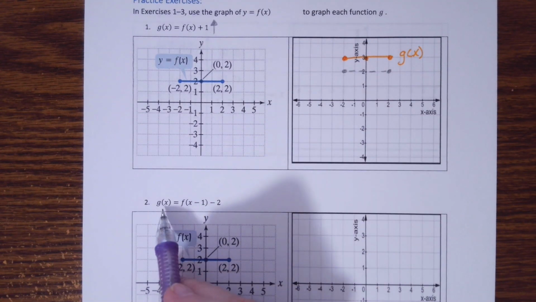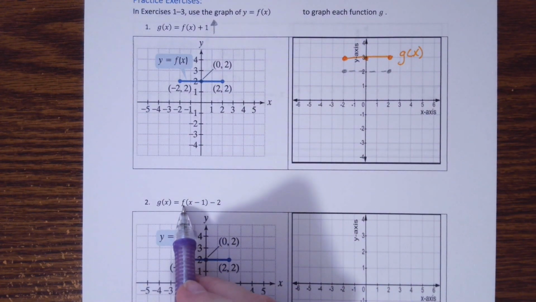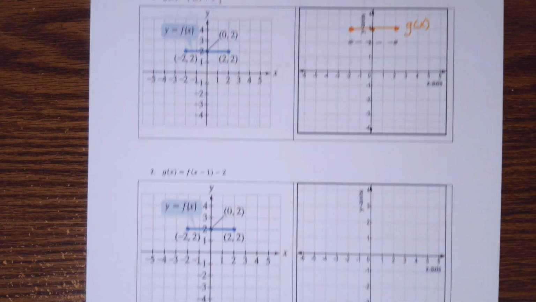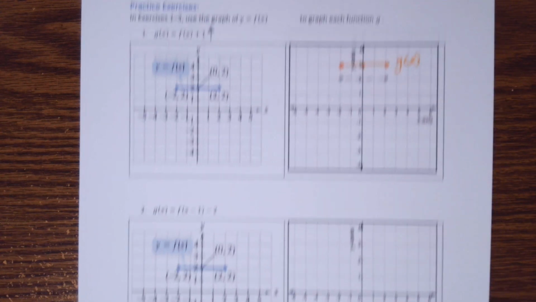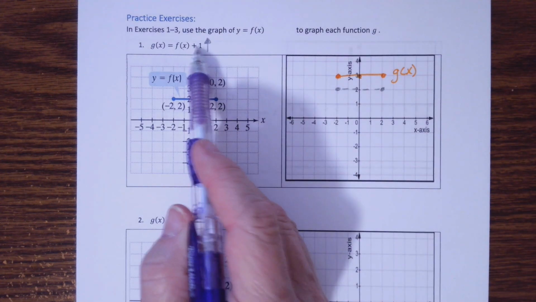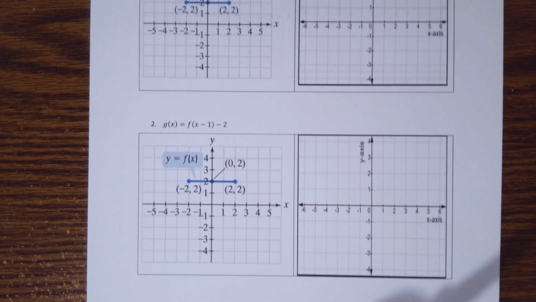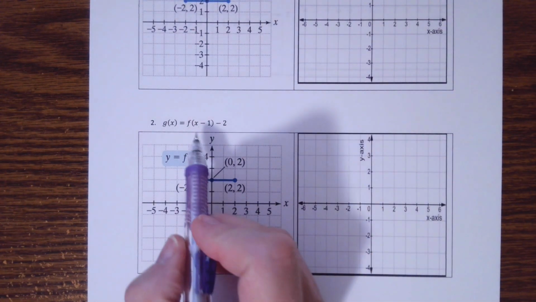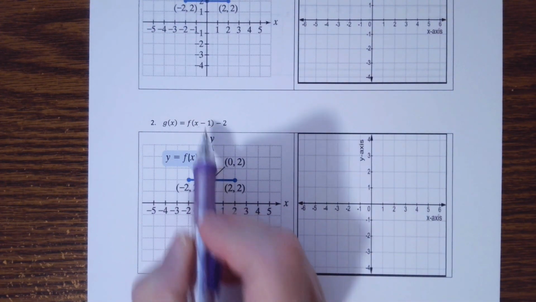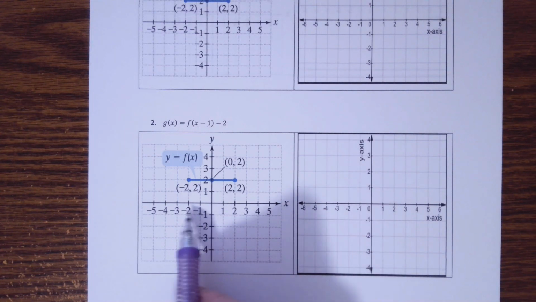Next is we have our new g of x is going to equal f of x minus 1. So this x minus 1 is affecting our x value. So notice here the plus 1 was outside of the function. So this notation means that this is x minus 1. Now, because we're working along the x-axis, we have to think the opposite.